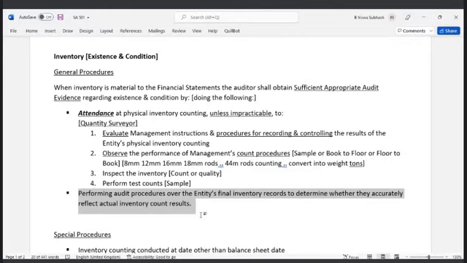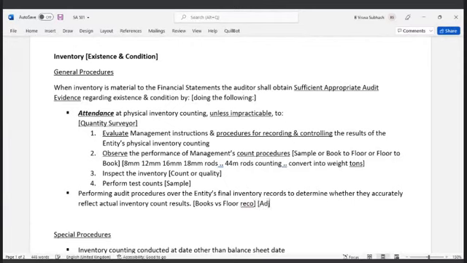So perform audit procedures over the entity's final inventory records to determine whether they actually reflect the count. You need to ensure that the reconciliation report prepared by them at the end, once they are done with the physical verification, the book versus floor reconciliation, and what adjustment entries they have passed.